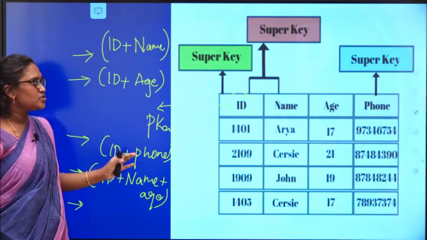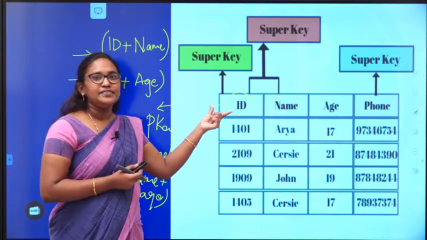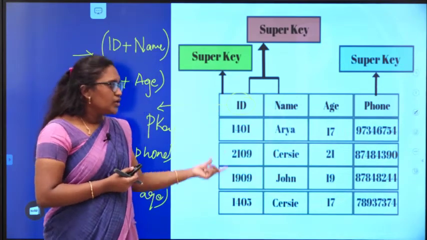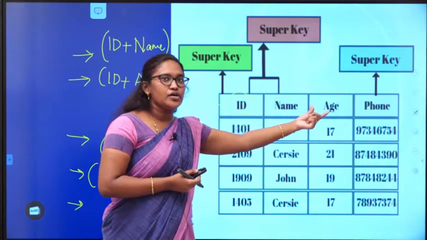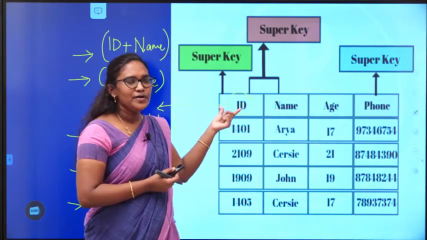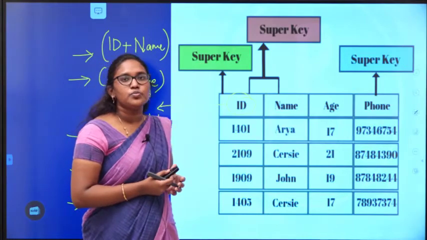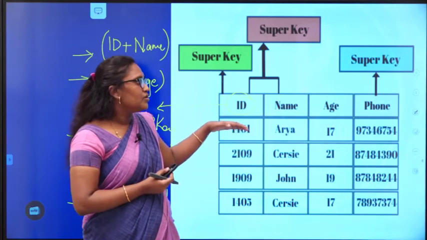Why we are saying they are super keys: to uniquely identify a particular row, you are making use of a primary key, right? So what is the functionality of a super key? To uniquely identify a column.